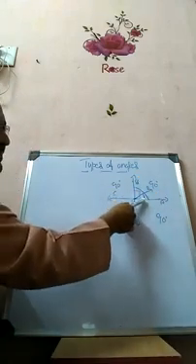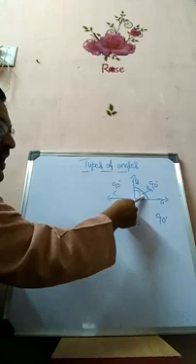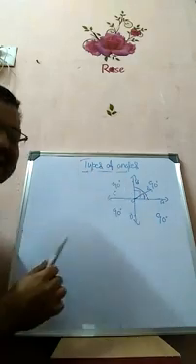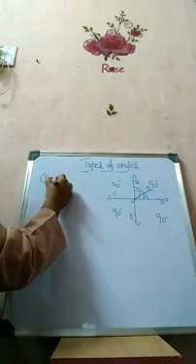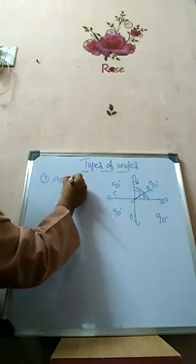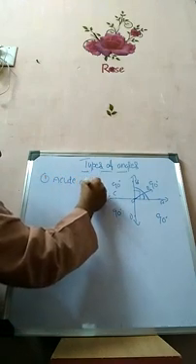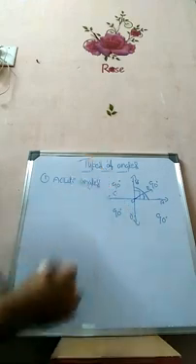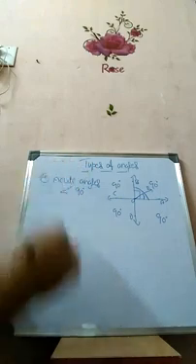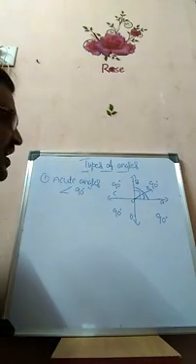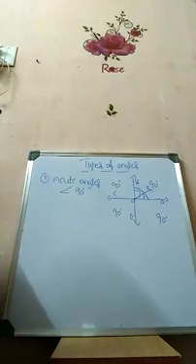Now, this part, the angle between OA and OE, is less than 90 degrees. Such types of angles are called acute angles. If the angle between two rays is less than 90 degrees, then it is called an acute angle.